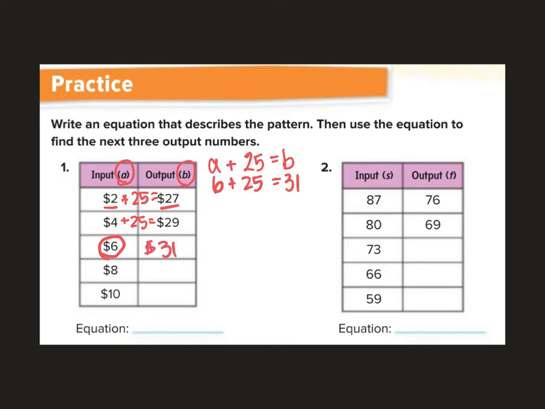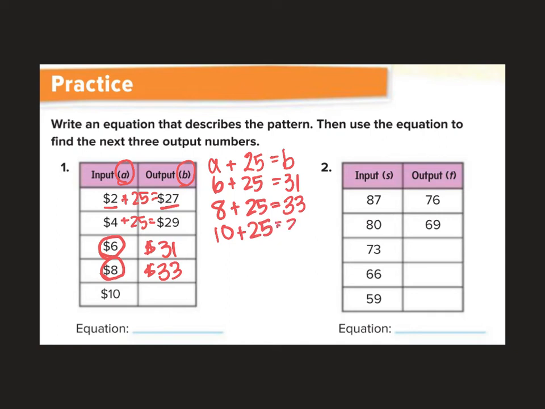Okay. What if I change my input A to 8? 8 plus 25, I would get 33. What if my input was 10 and I added 25 to it?